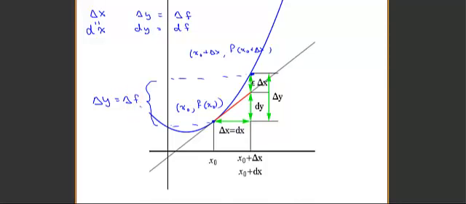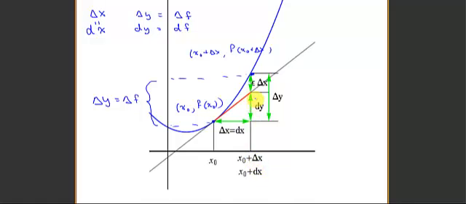If f is differentiable at x0, we can calculate a tangent line. And if we started at the same point x0, f of x0, and instead of riding along the curve, we rode along the tangent line to the place where the x-coordinate is x0 plus delta x, or x0 plus dx. Remember, delta x and dx are the same.